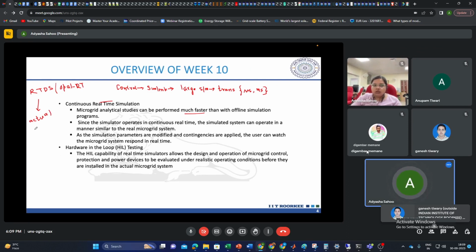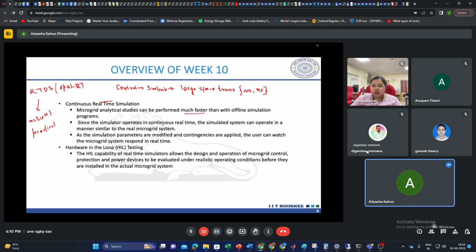Let's say you have developed some control algorithm and you want to test how it performs in the actual practical scenario. To get that idea, we can run our simulations using RTDS and OPAL-RT to understand how effective the algorithm will be when deployed in the actual scenario.